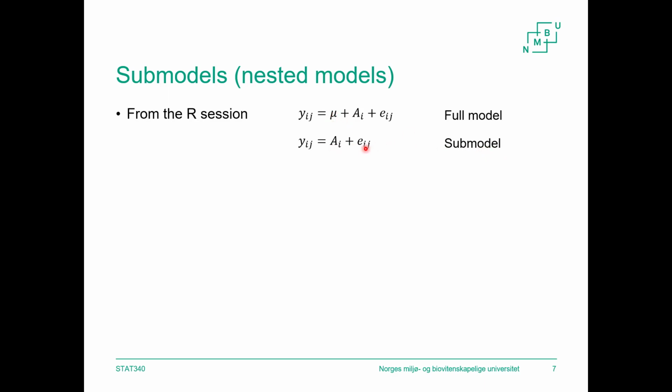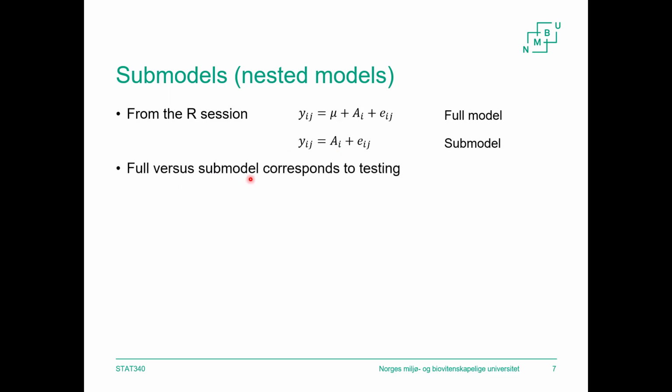The submodel must always be a subset of the full model, where you have eliminated one or more parameters. So this one could not contain some additional effects that you don't have here. Then it's no longer a submodel. That's important.